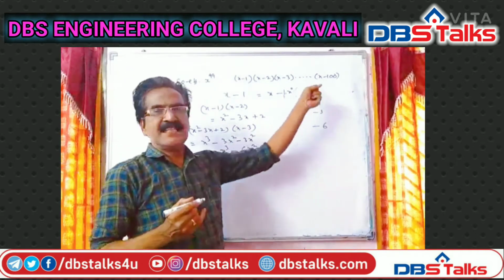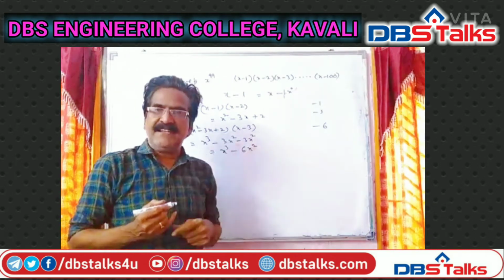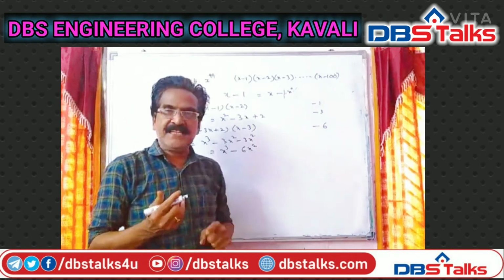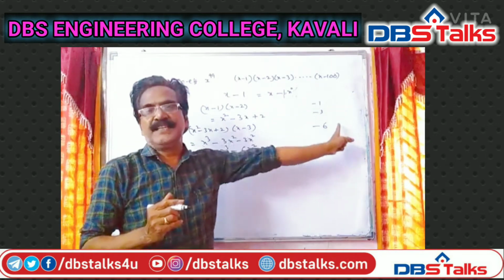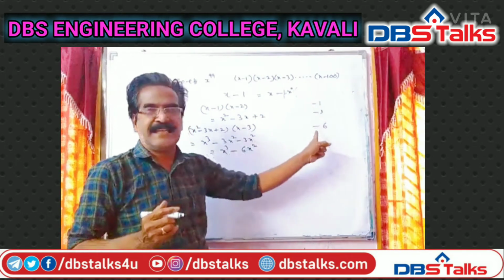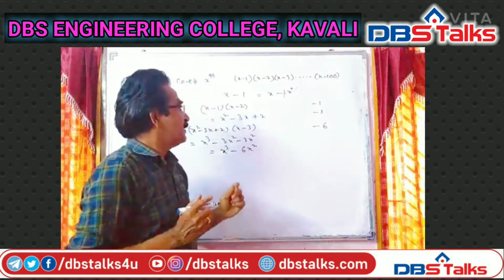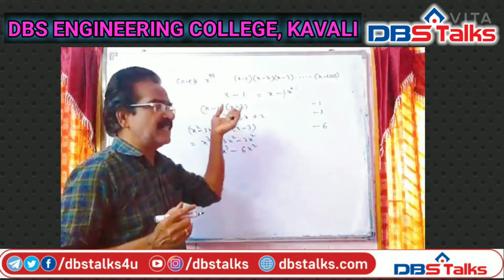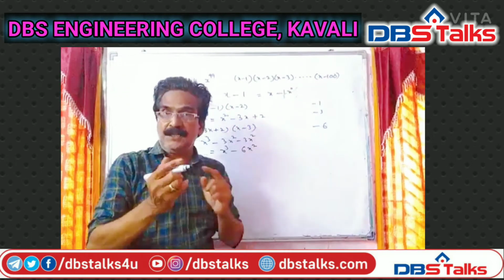The first one is 1. The second one is 1 plus 2. The third one is 1 plus 2 plus 3. Like that, you will get the coefficients. Of course, the sign is minus. This is an example, for your understanding sake I tell you.